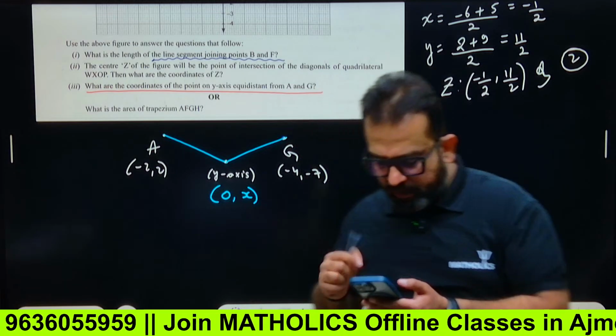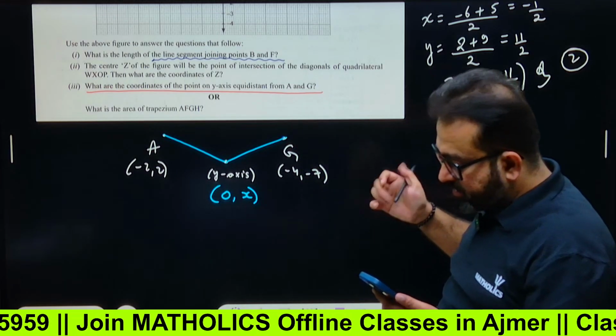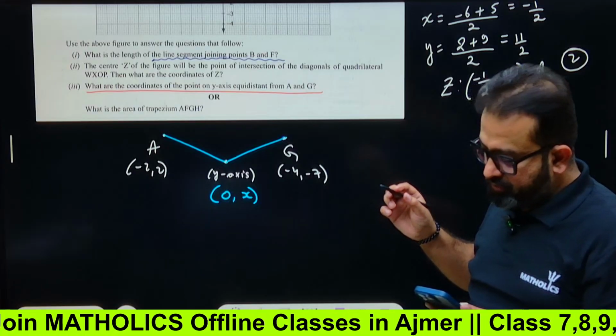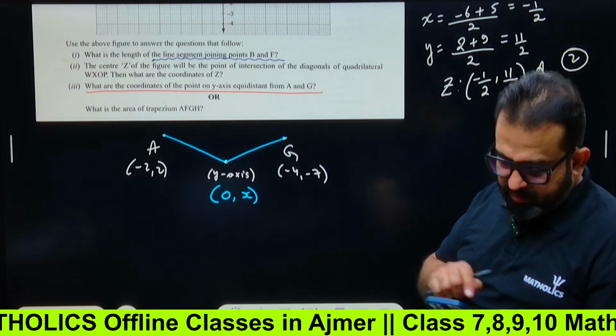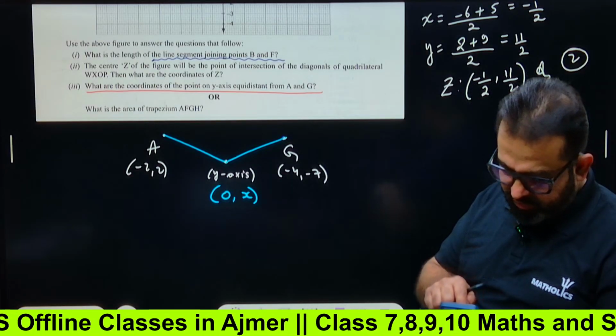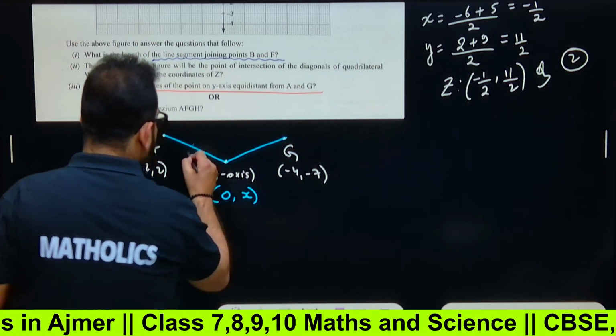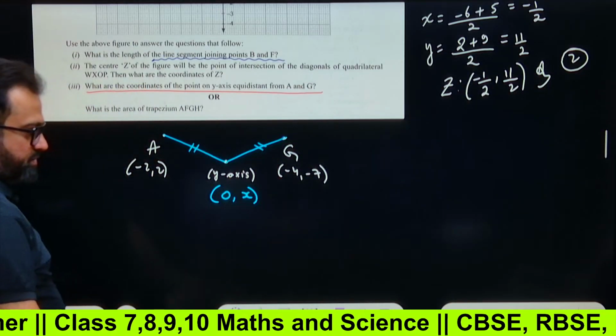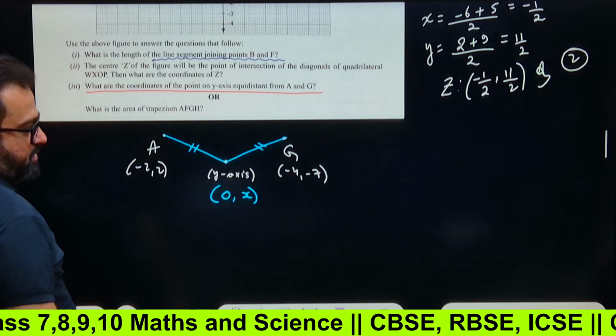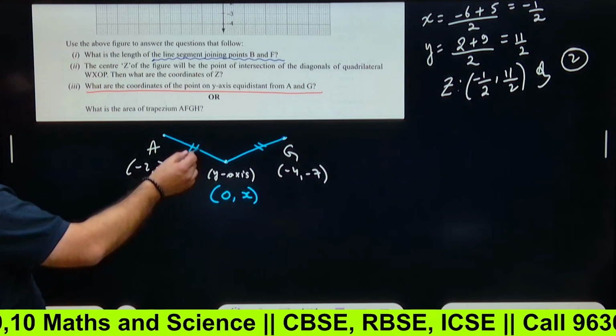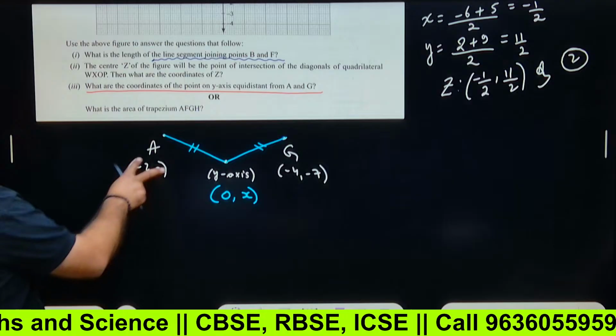Sorted? Now see. Why am I not able to see your comments? Okay, here they are. No problem. So we have to just equate these two distances. That's it. So the point on this axis says that this is equal to this.